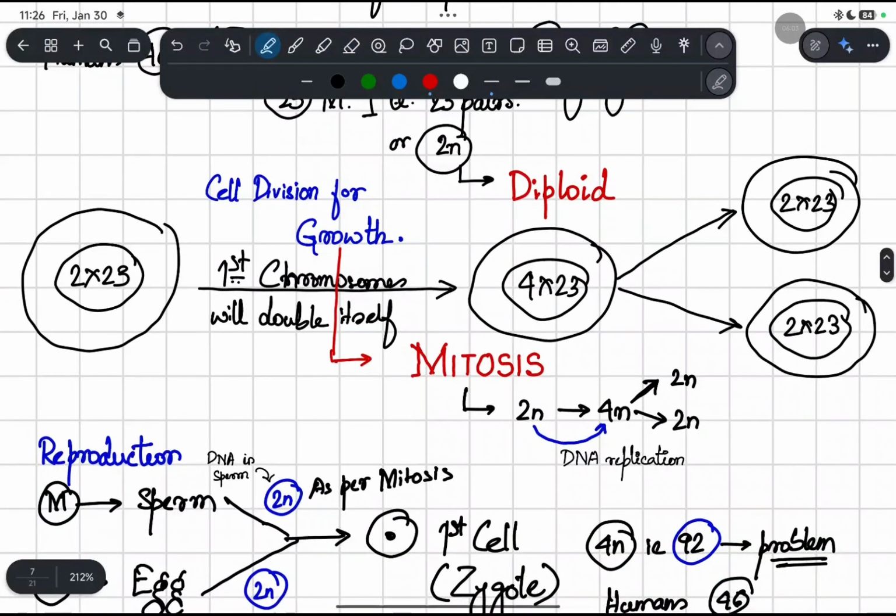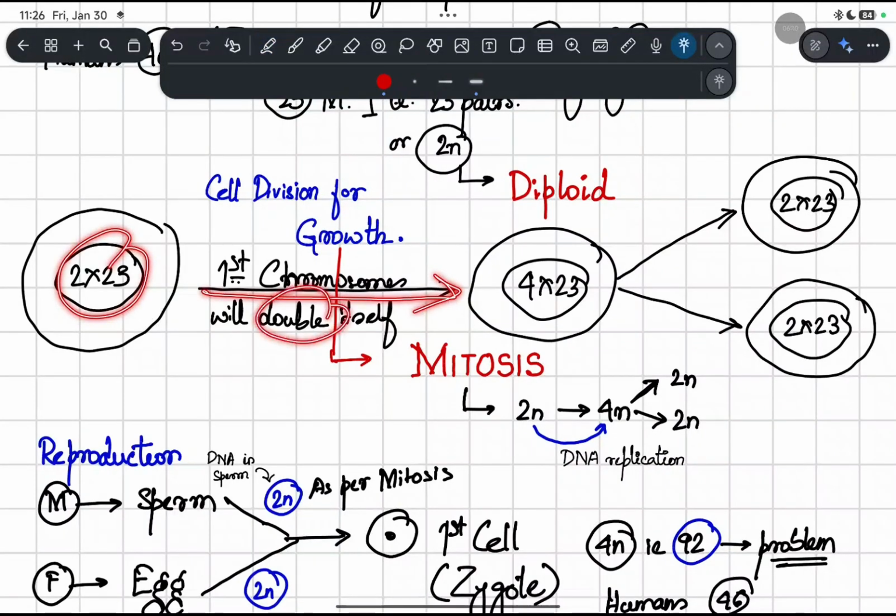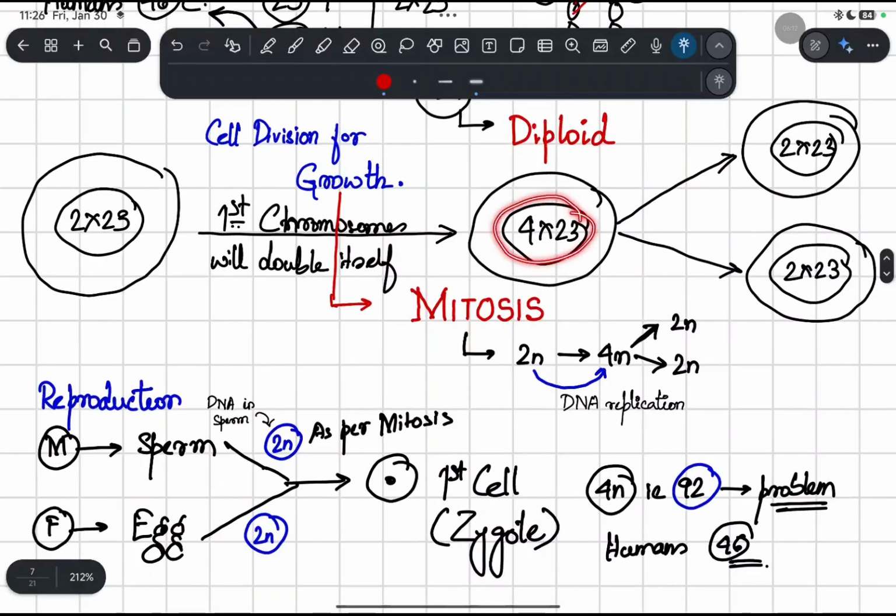First it will double or replicate itself, so from 46 it will become 92, and then during cell division it will come back to 46 chromosomes. This entire process is called mitosis. Mitosis happens during cell growth. We have seen 2n going to 4n, and then finally getting divided back to 2n.